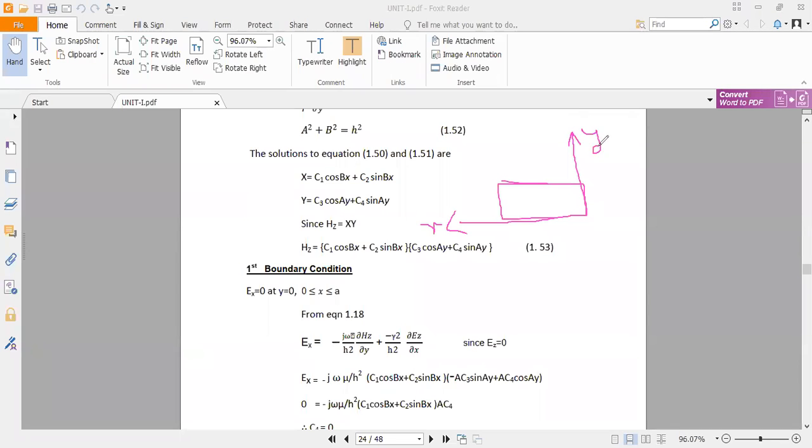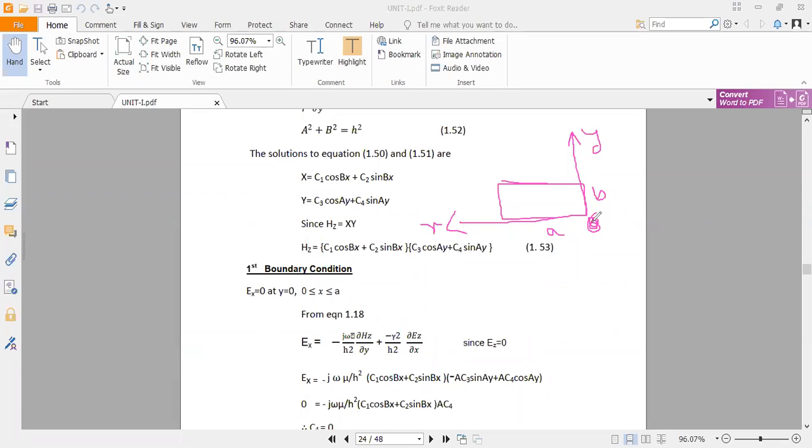It starts from 0. The broader dimension is a and the narrow dimension is b, and this is the 0, 0 position. So for this rectangular waveguide, I need to apply the boundary conditions.